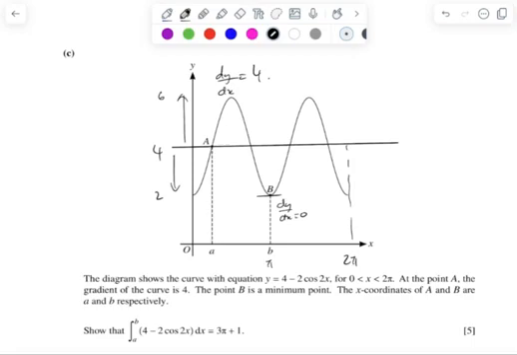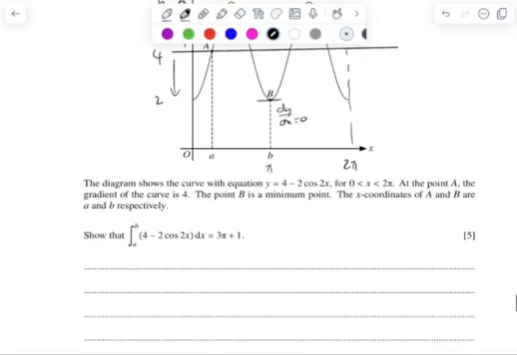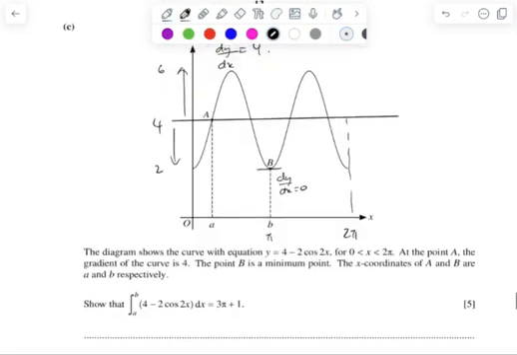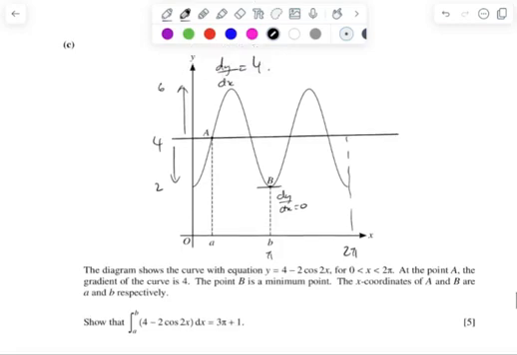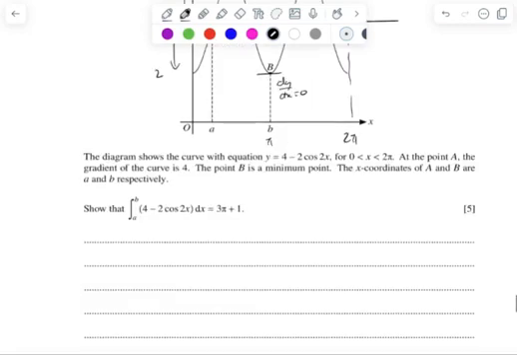Okay, this is an interesting question. I'm not sure what they're leading up to here, but why don't we just plug in our values? So I'm going to need to know what is A. The gradient is 4. All right, so we just got to start somewhere.